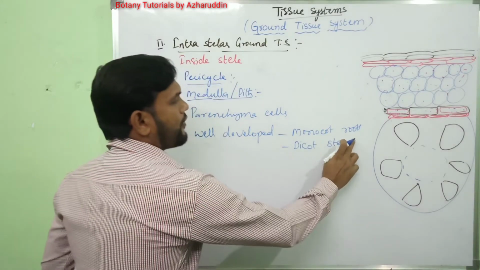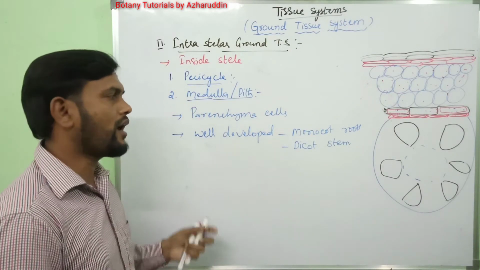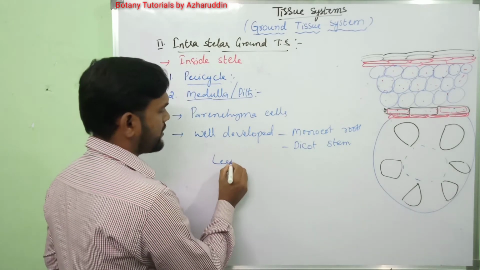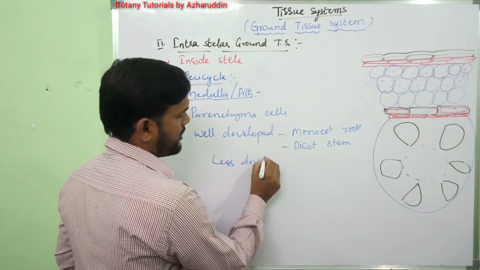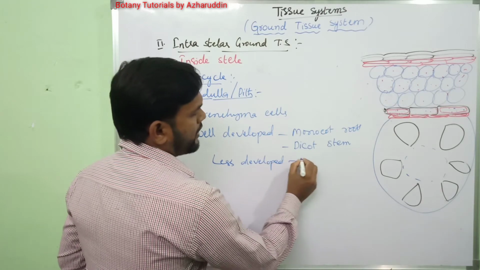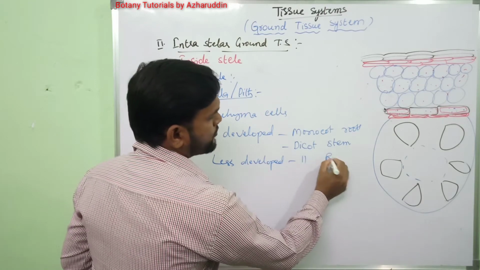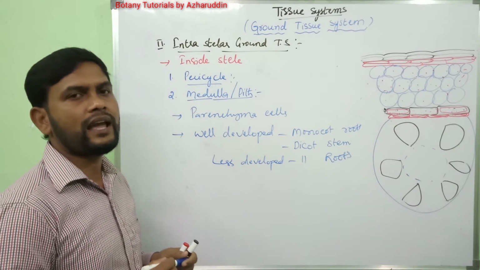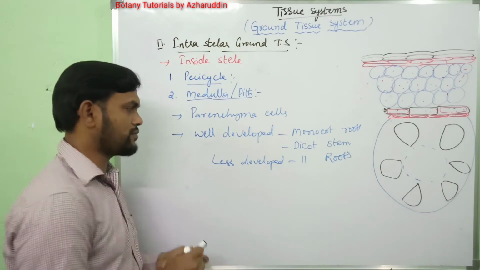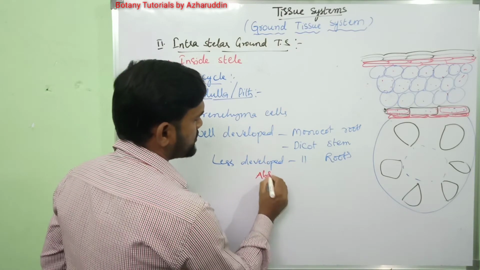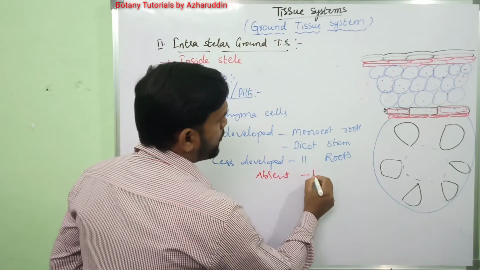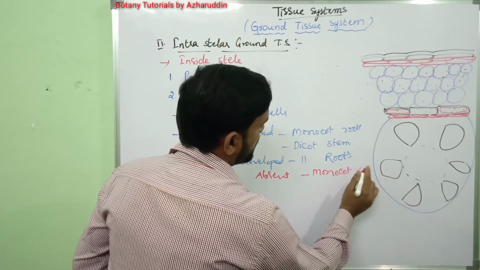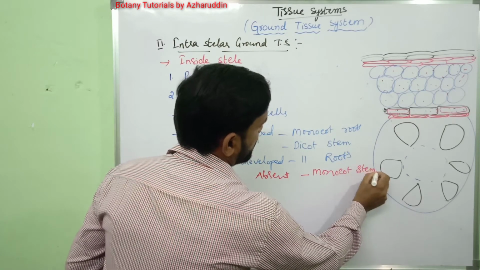It is very less developed or absent in dicot roots, and this medulla is completely absent in monocot stems. Understand?